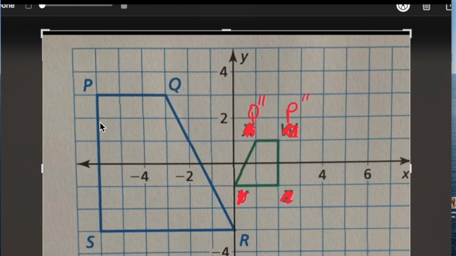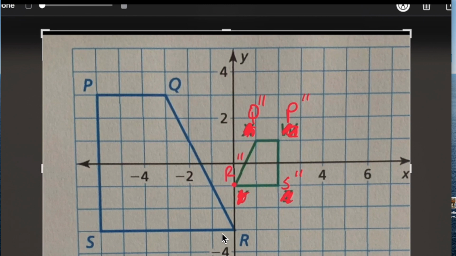And then I'll come straight down to what used to be S. So coming straight down, this is going to be S double prime. And finally, I'm going to move horizontally along the longer horizontal line segment to get to R. And we do that, and this is going to be R double prime.